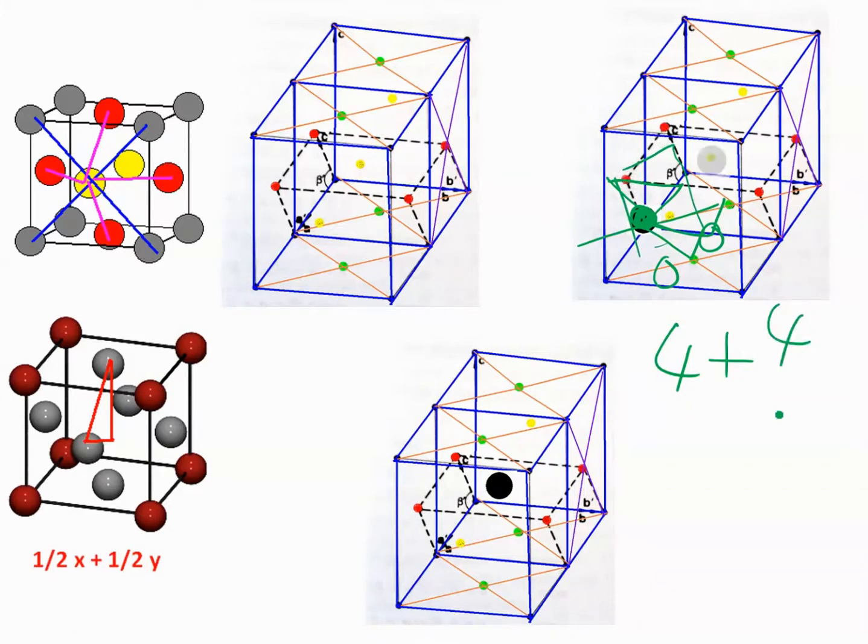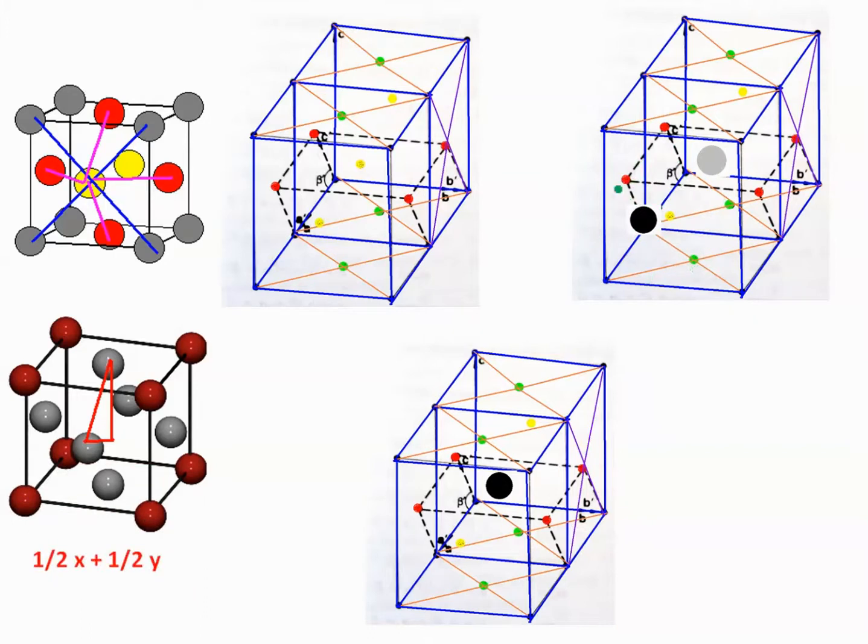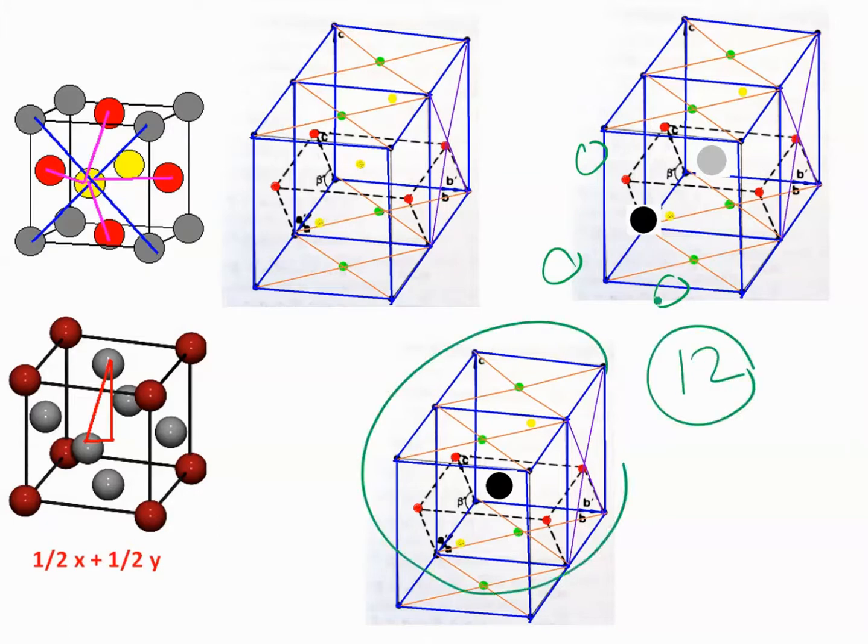The last 4 is also another 4. So the total is 12 also. Therefore, this FCC is a Bravais lattice. No matter whether it is the face lattice point or the corner lattice point, they have the same environment and both have 12 nearest neighbors with the same nearest neighbor distance.